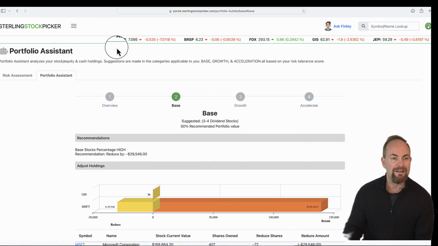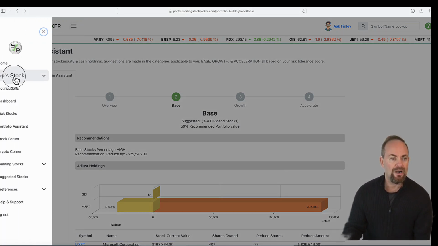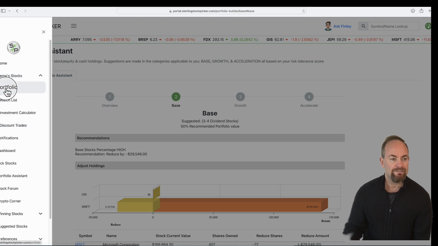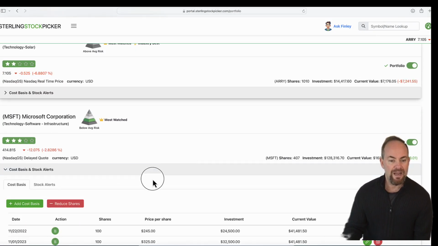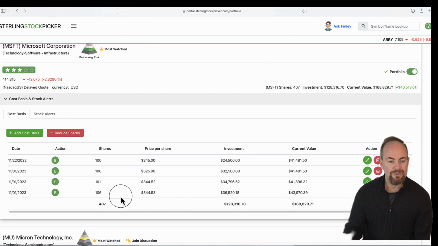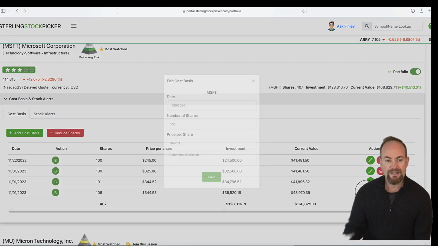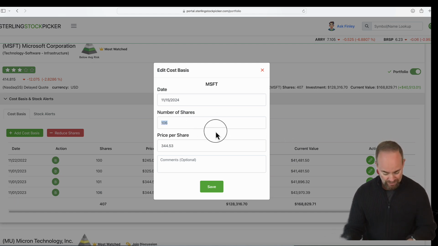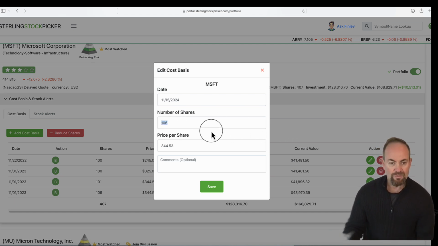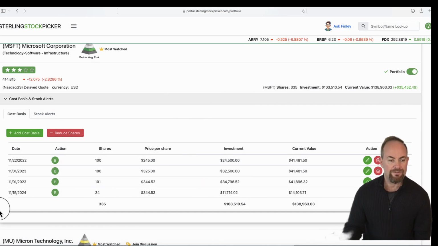So let's go back to our stocks, back to portfolio, back to Microsoft, and we are going to reduce that number by 72 shares. So we're going to have a balance of 34 left from when we purchased it the most recent time.